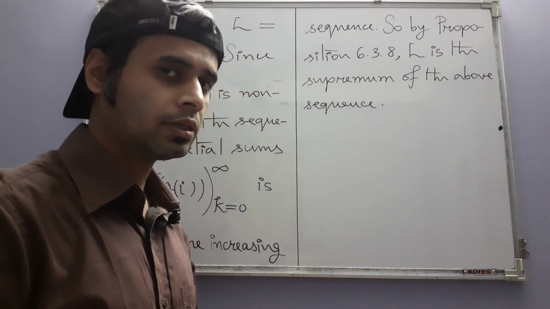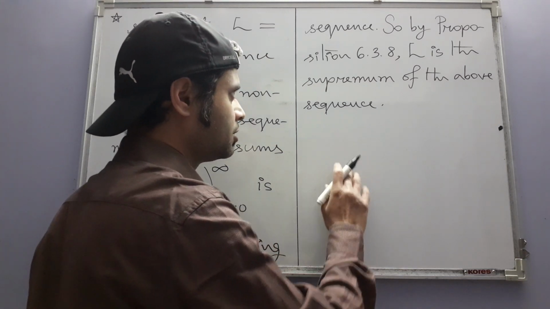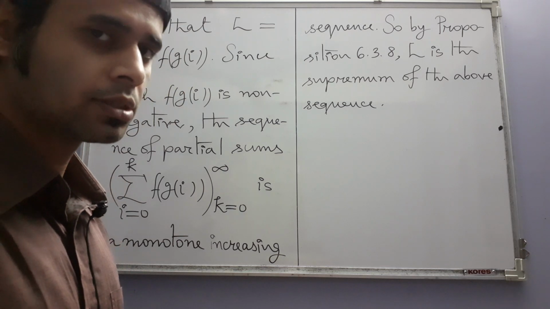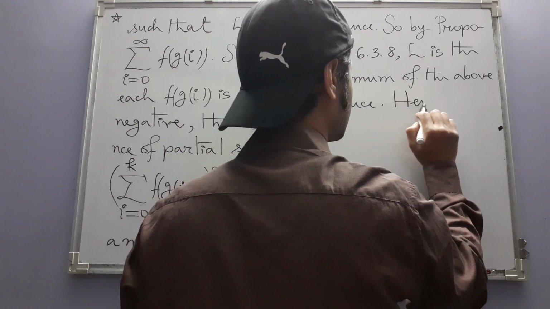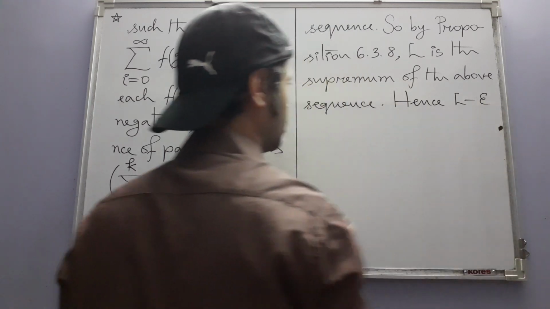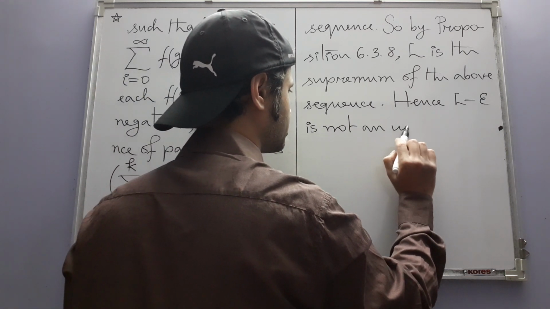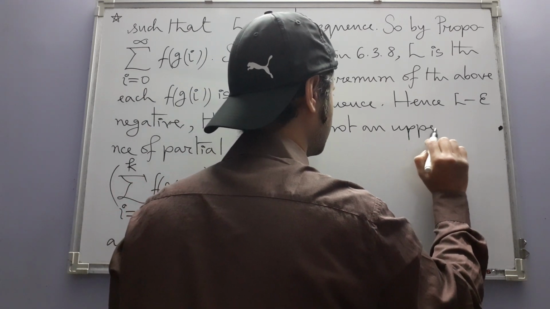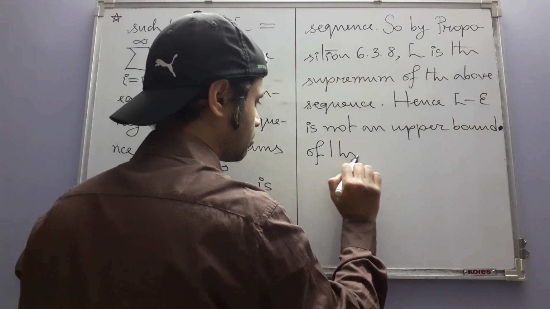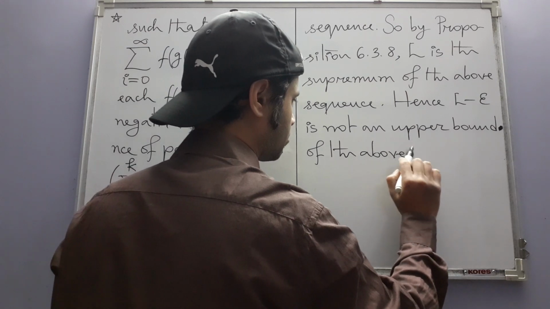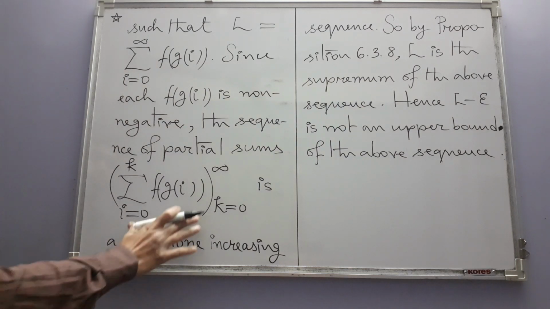Now if we go even less than L, then the upper bound property will be lost. And that means if we consider L minus epsilon, which is obviously less than L because epsilon is positive, hence L minus epsilon is not an upper bound because it is now less than the least upper bound of the above sequence, of this sequence.